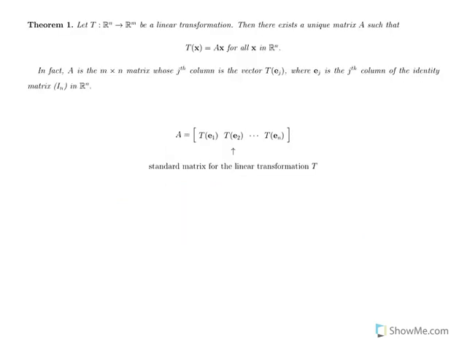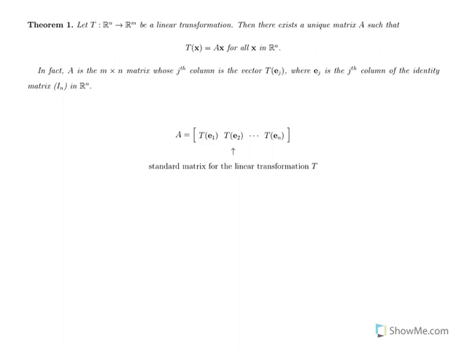So here's our theorem in generality. Let T be a linear transformation from Rn to Rm. We input n-dimensional vectors, we output m-dimensional vectors. Then there exists a unique matrix A such that T of x equals A x for all x in Rn.